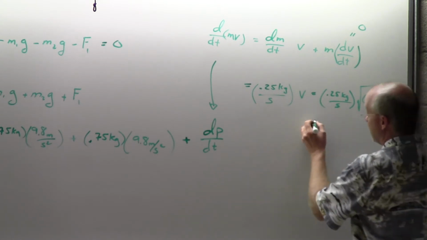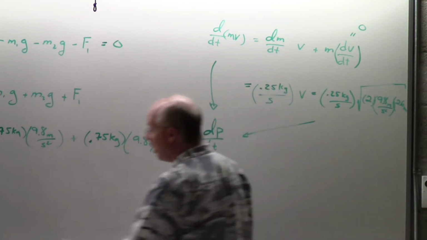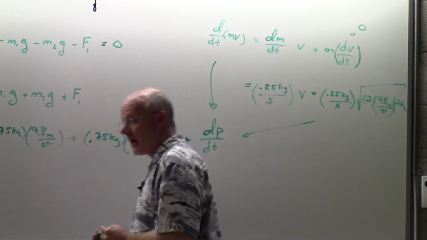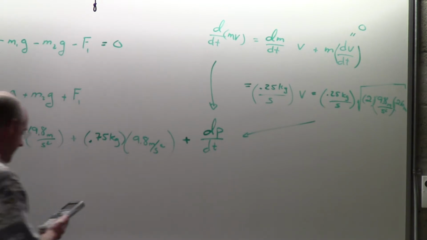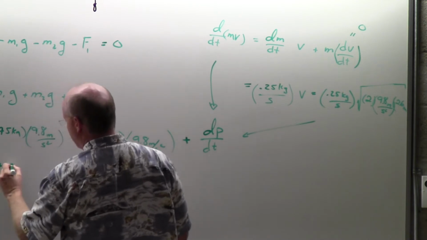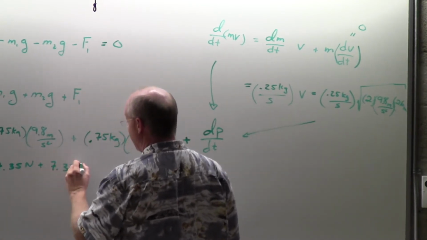And so that is that term. And so, as I work these out, we now have our answer. I'll do this one first. 0.75 times 9.8. And so that is 7.35 newtons. And the other one is 7.35 newtons.